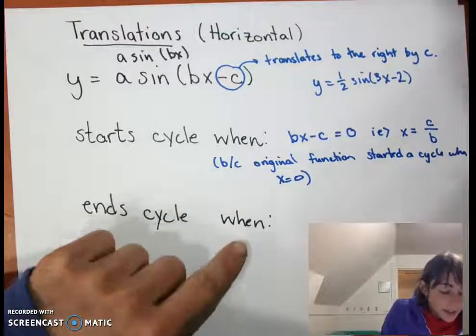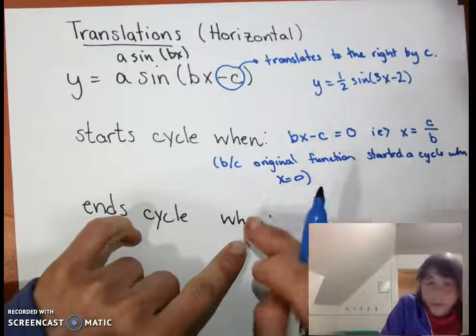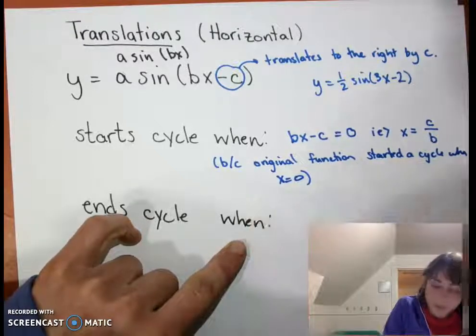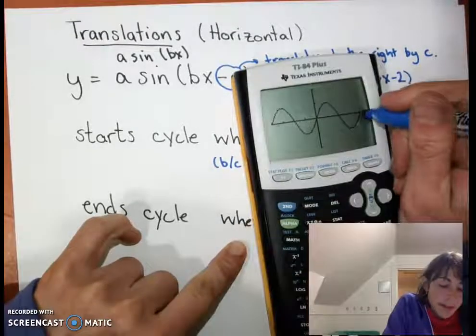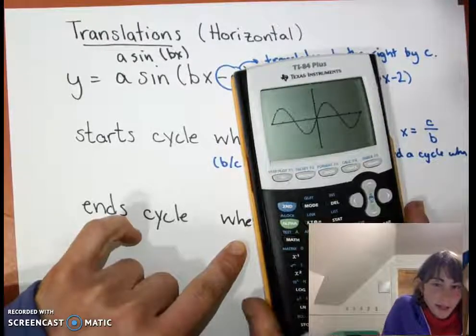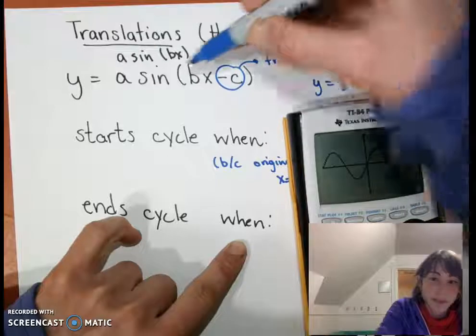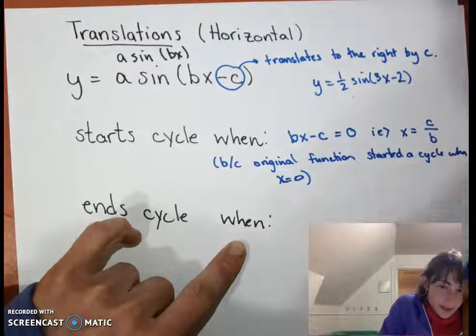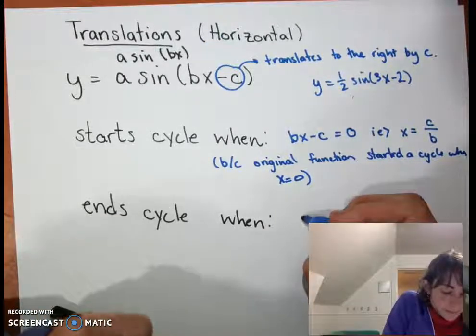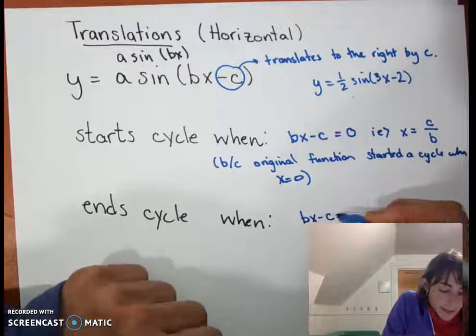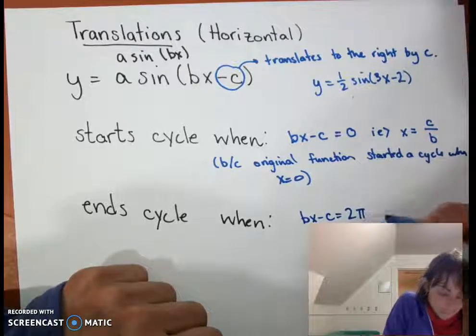So if our original graph ended a cycle at 2 pi, then our new graph should end a cycle when what we're inputting equals 2 pi. So the cycle ends when bx minus c equals 2 pi.